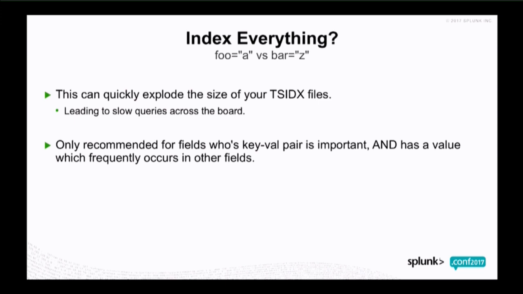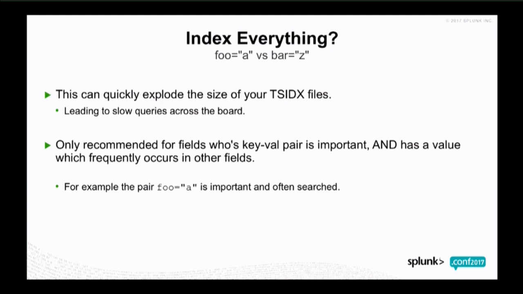However, there are certain instances where indexing a field is actually beneficial. And bear with me on this mouthful. We only recommend indexing for fields whose key-value pair is important and has a value which frequently occurs in other fields. So clear, right? Everyone's got it? Great. Let's go through an example of that.